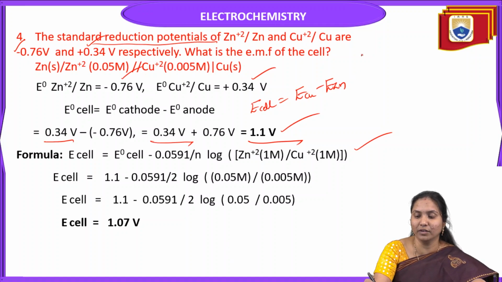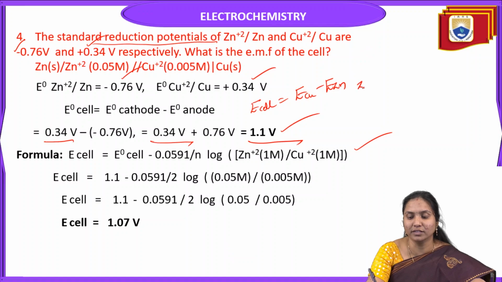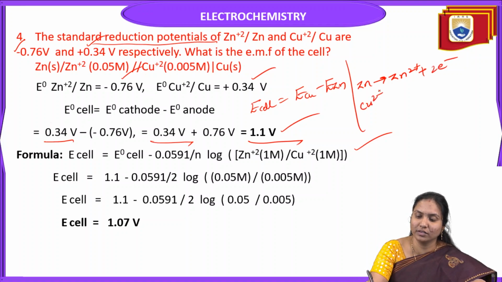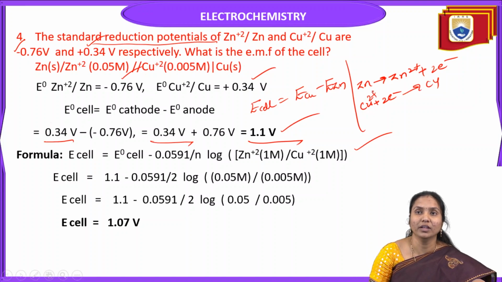That means, what is the cell reaction? Zinc undergoes oxidation, gives zinc ions and loses 2 electrons. These 2 electrons are gained by copper, copper gains 2 electrons, then is deposited there as copper. Okay. So here how many electrons are involved?